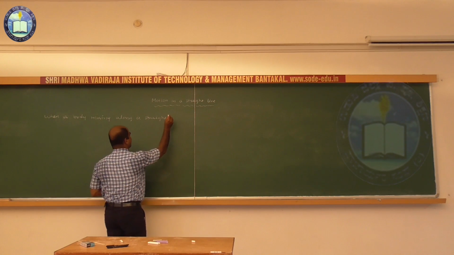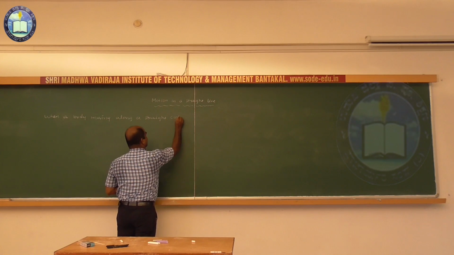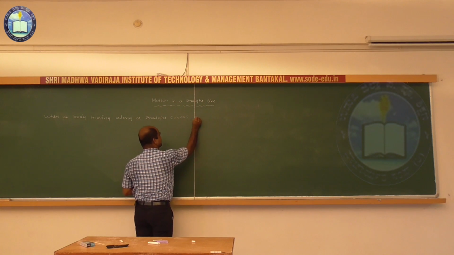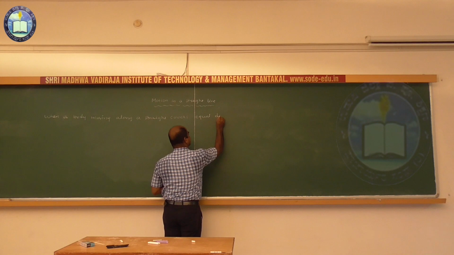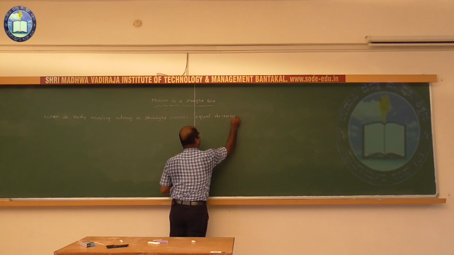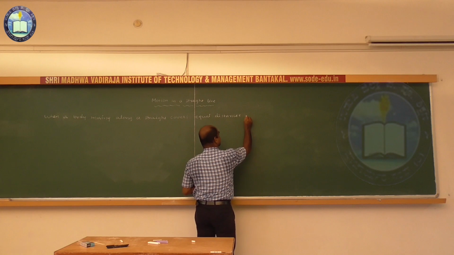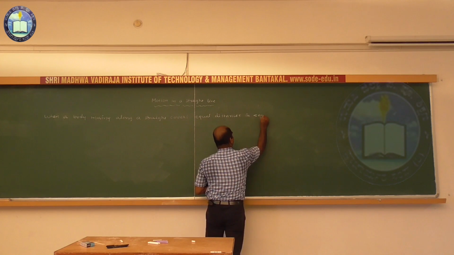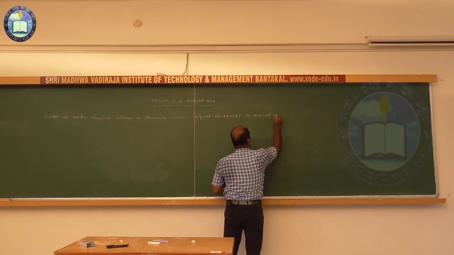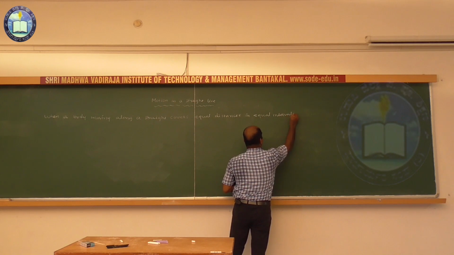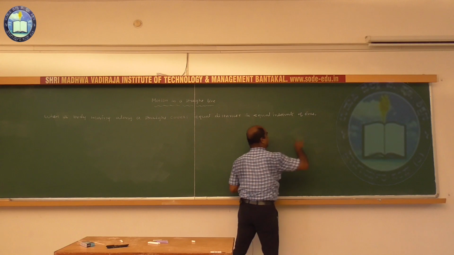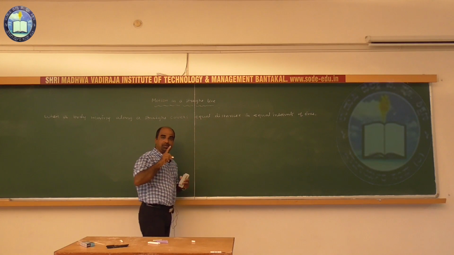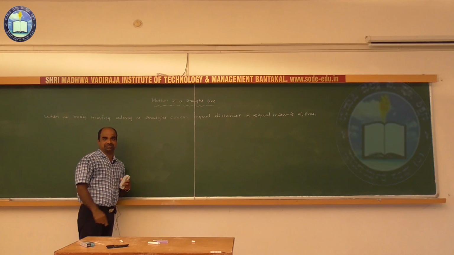Covering equal distances means the speed of the body remains constant. Then the body is said to be moving with uniform motion.